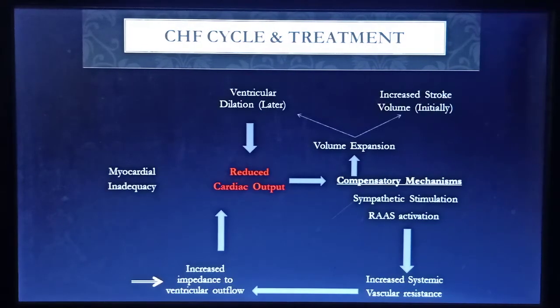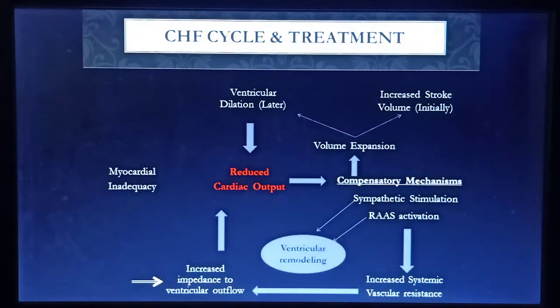Another mechanism: stimulation of the sympathetic nervous system and RAS activation lead to ventricular remodeling. Ventricular remodeling means a change in the size, shape, structure and function of the heart, leading to injury of the heart muscles. Increased impedance to ventricular outflow and ventricular dilation also lead to ventricular remodeling, which leads to myocardial inadequacy and reduced cardiac output.